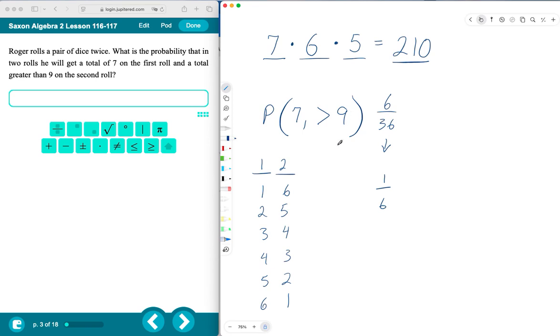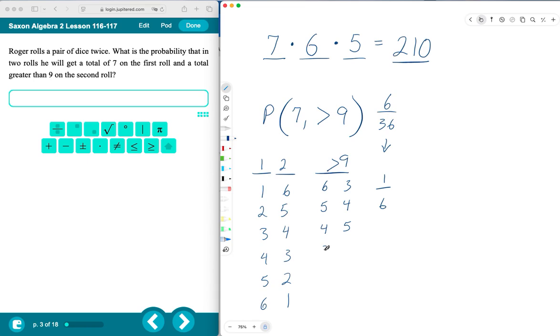Now, greater than 9. We've got first dice, second dice. So let's see, greater than 9, we would have to start with a 6. Let's just start with a big number. 6 and a 3. If we go down 1, we have 5 and a 4. One more, 4 and a 5.